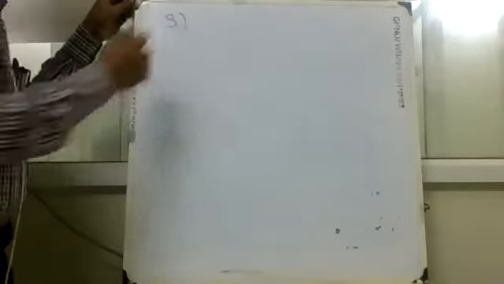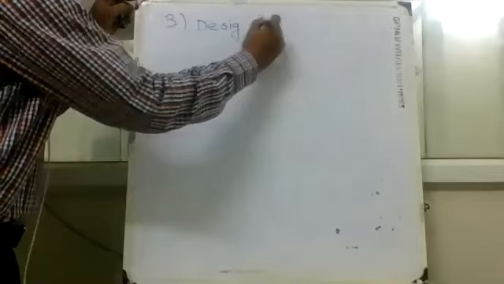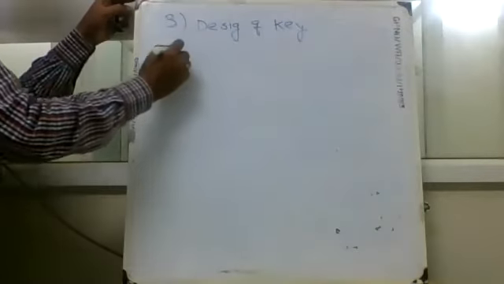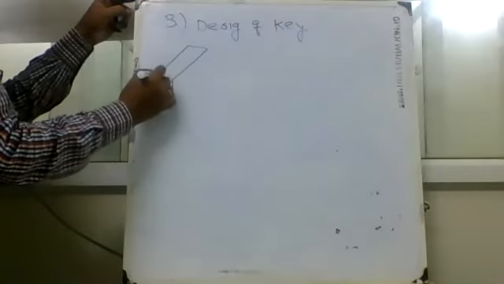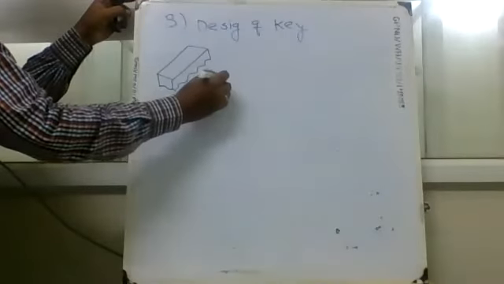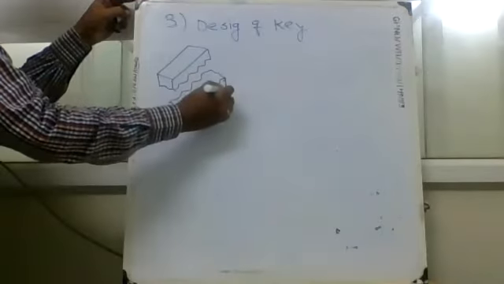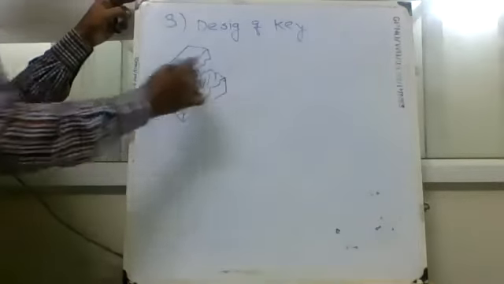Now the third step, design of key. In this design of key, we are interested in the failure of key under shear and failure of key under crushing. If the key is going to fail like this, so this is the failure of key under shear.